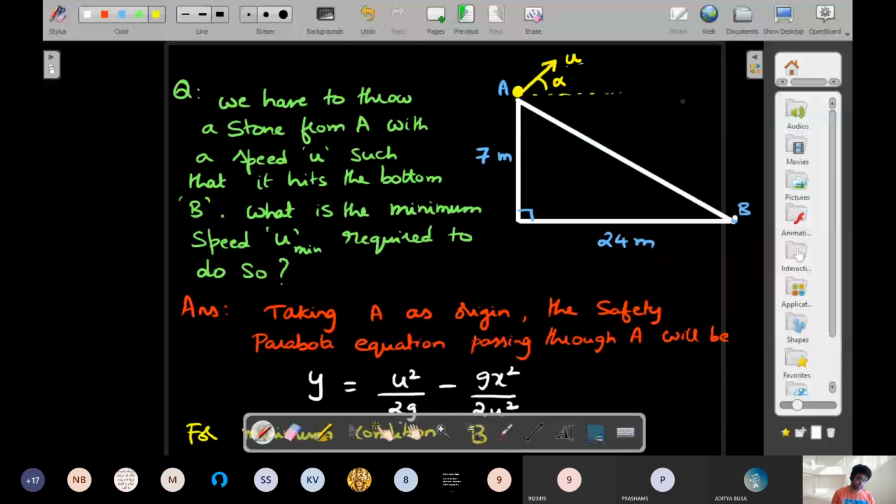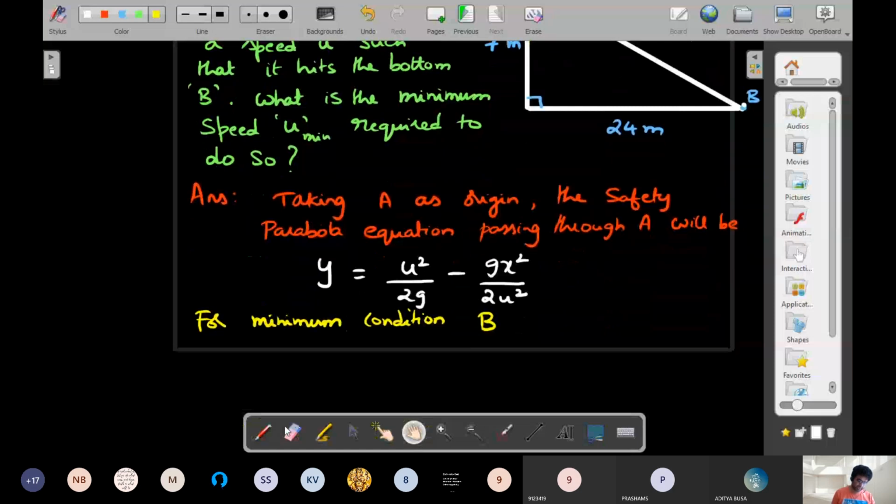So it's a negative. So I'm taking this as X and this as Y. So B would be in negative Y direction and positive X direction. So I'll substitute 24 comma minus 7, which should lie on the above safety parabola.